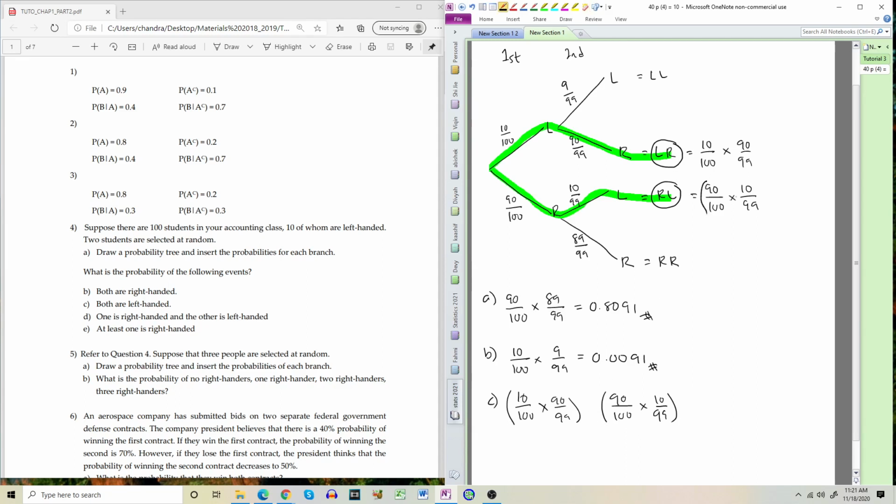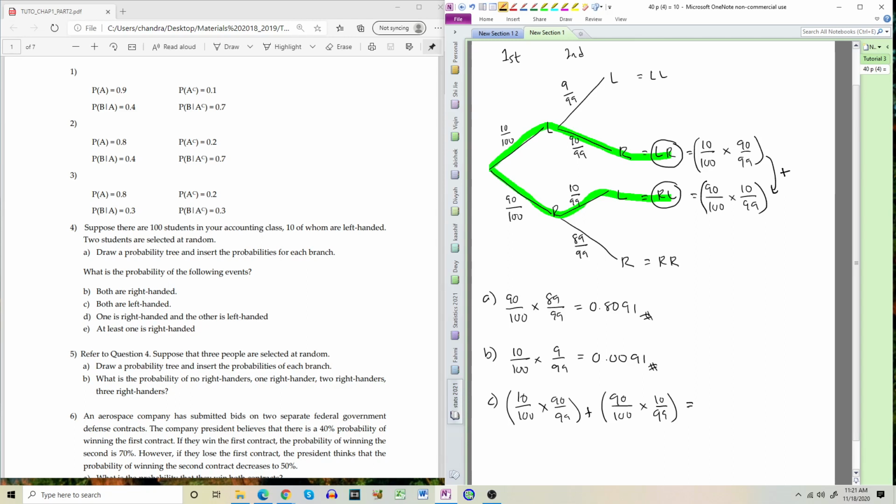Now this is one answer, this is one answer. If you jump from one branch to another branch, you have to plus. Now the answer you should get, let me double check.